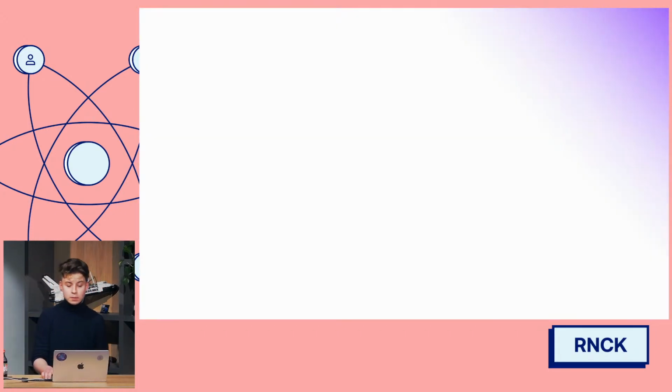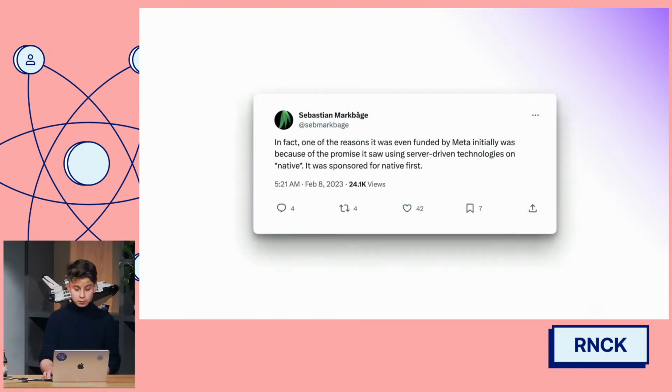So everyone is talking about React Server Components in the context of web because that's where we have production-ready implementations, for example, with Next.js. But actually, React Server Components were initially designed for server-driven technologies at Meta.